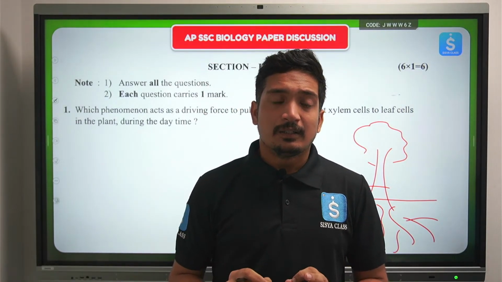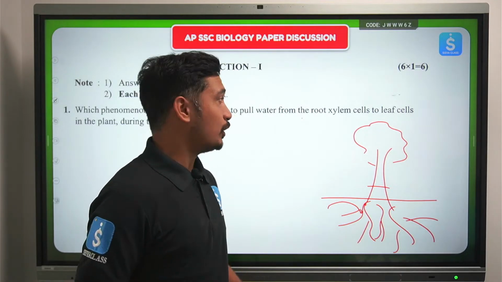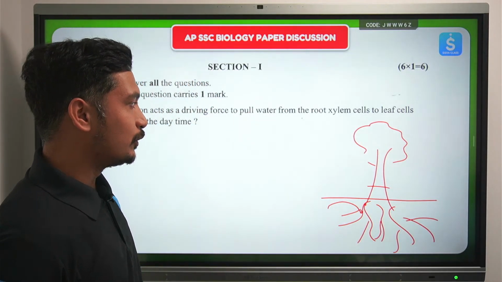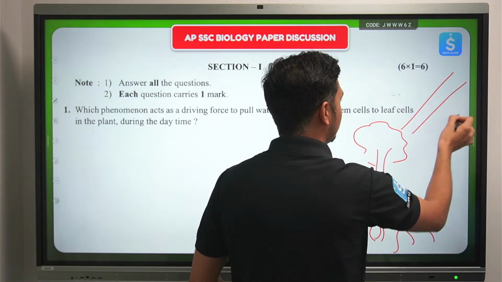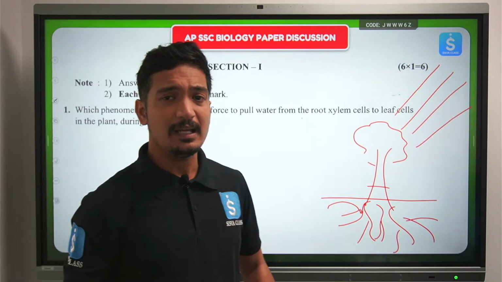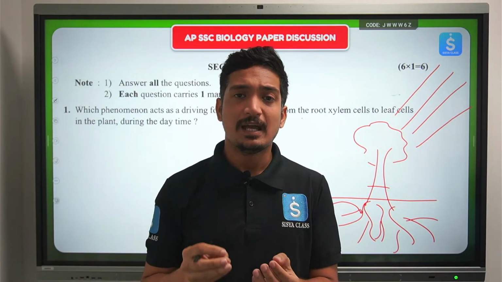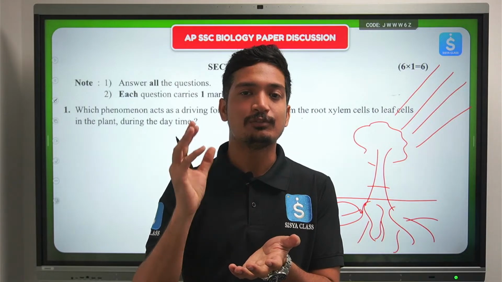Okay, so therefore there comes a second force which is really very important, and that's what we are going to talk about over here. What happens is during the daytime, strong rays of the sun heat up the leaves, and leaves have stomatal openings. These stomatal openings will absorb the heat and will release water in the form of vapors.